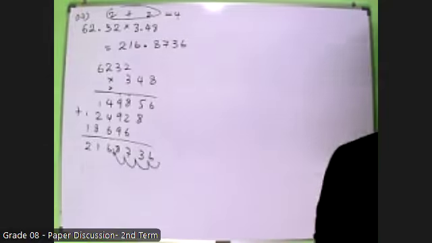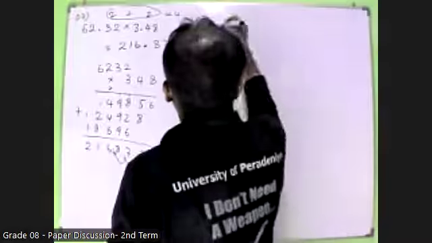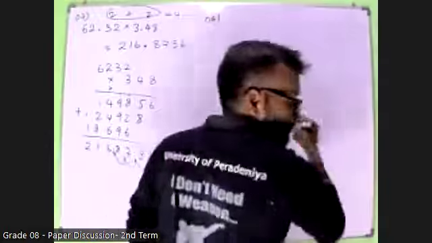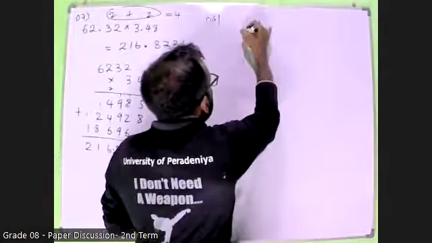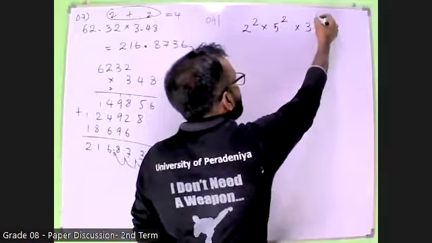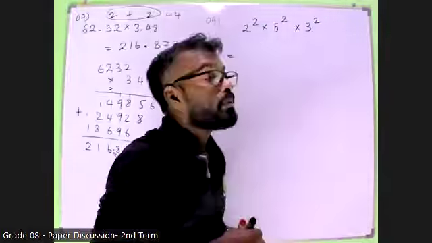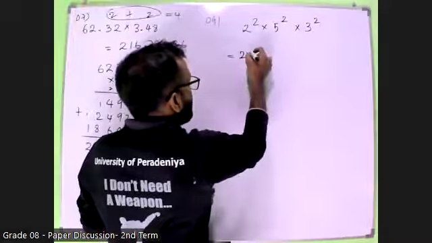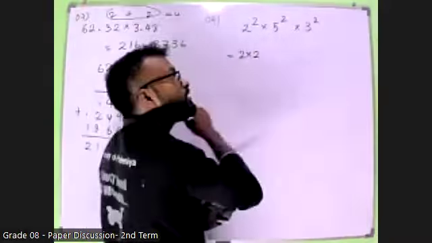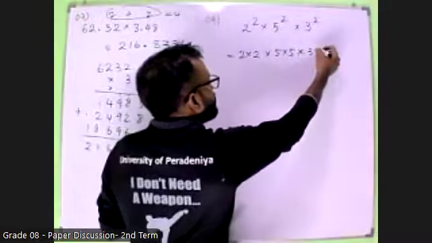So ninth one, right? Find the value of 2 to the power 2 times 5 to the power 2 times 3 to the power 2. So how do you simplify this? You can expand this if you want: 2 times 2, 5 times 5, 3 times 3.